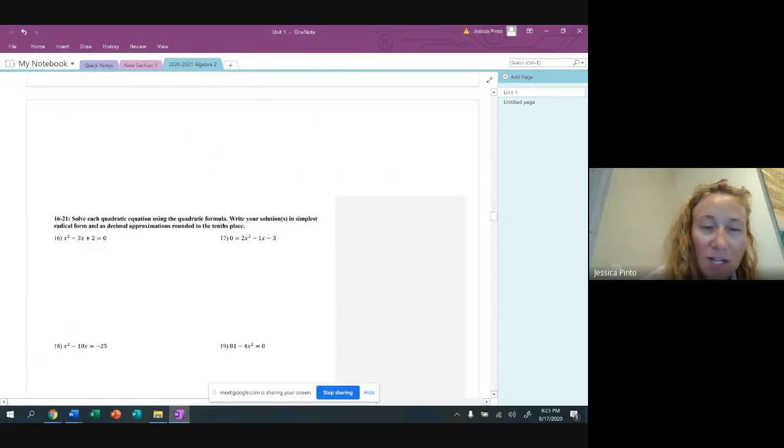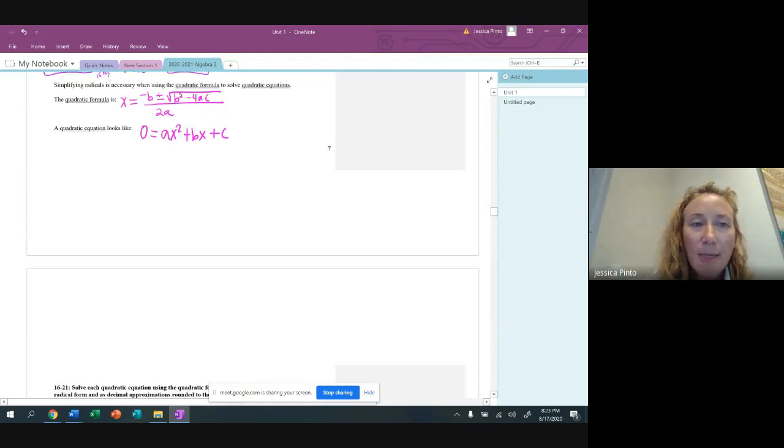Here are the equations. Something super important to note is that a quadratic equation is only a quadratic equation if it's in this format where it's equal to 0. It could be equal to y, and we would replace y with 0 and say that we're solving for when y is 0.